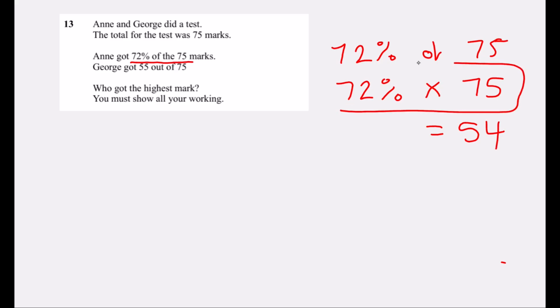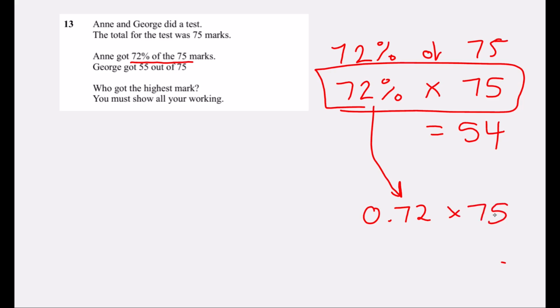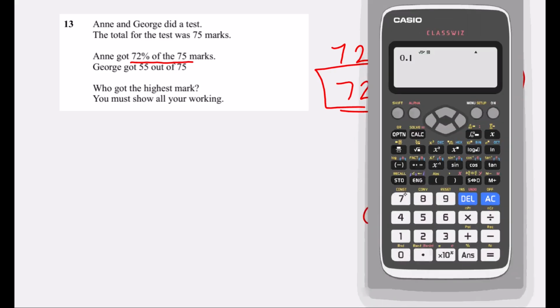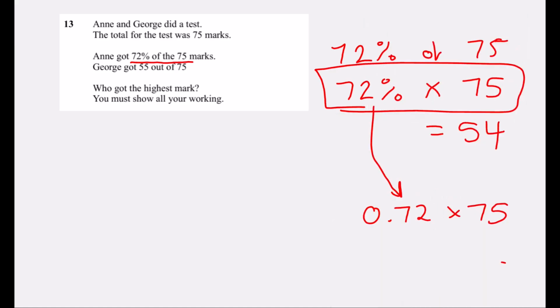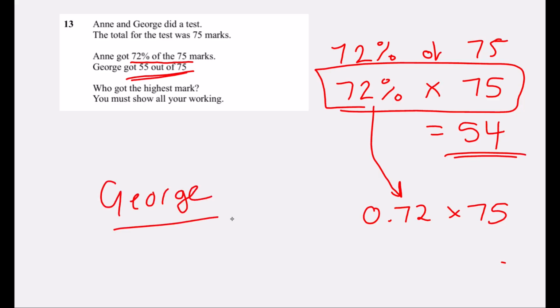You can also do this by changing the percent into a decimal and doing 0.72 times 75. Either way, you will get the same mark, same answer, 54. So 54 marks for Anne, 55 for George. So George got the highest mark.